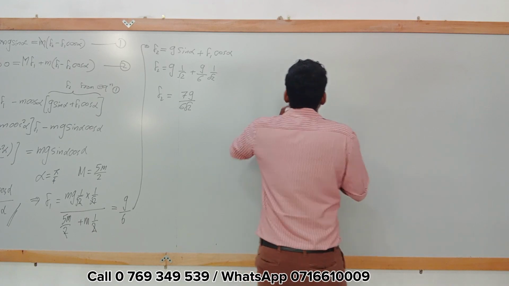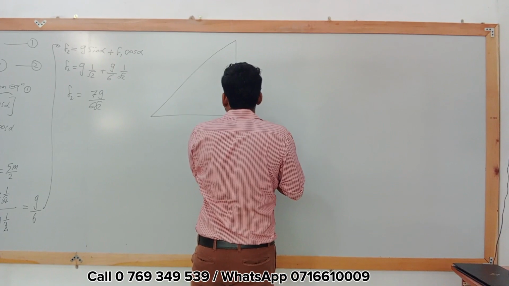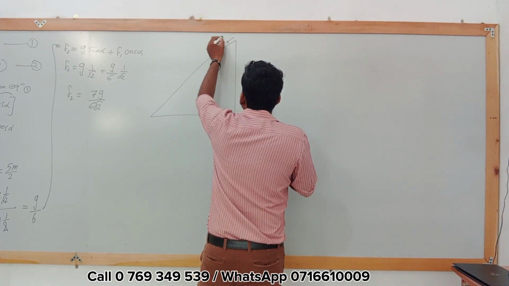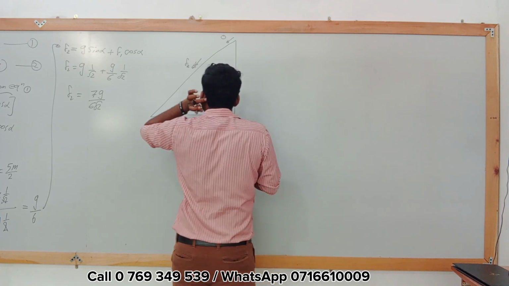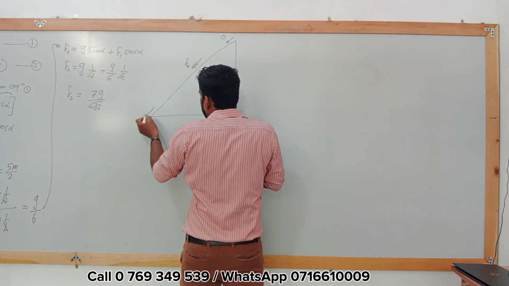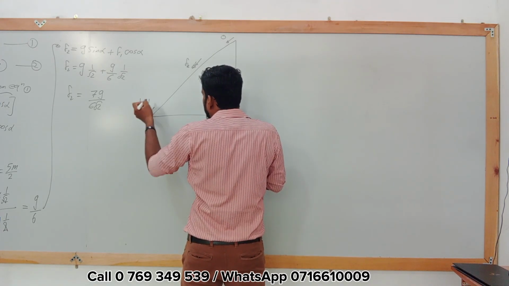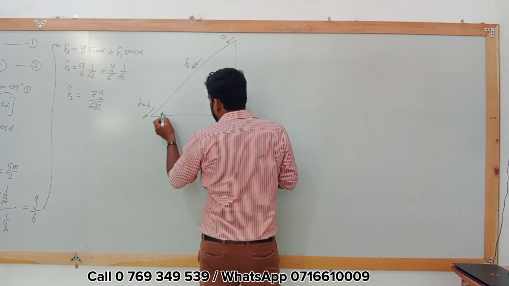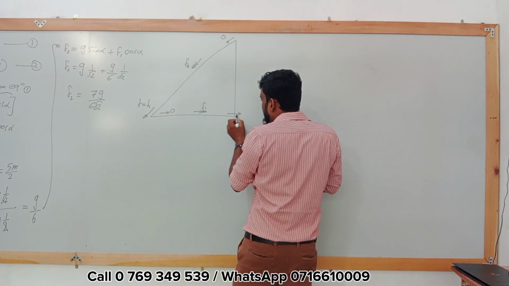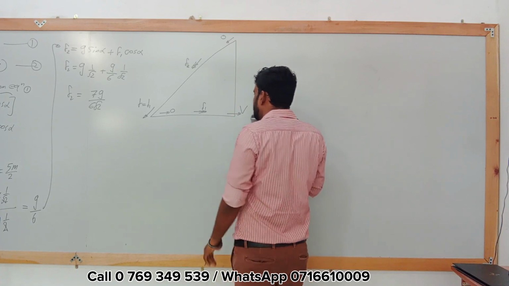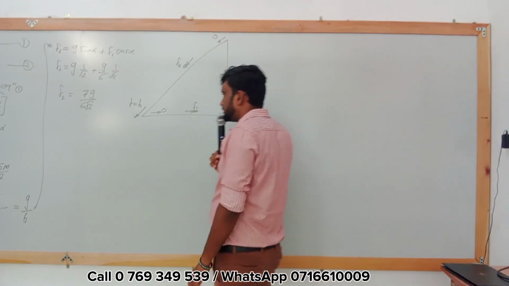Now we can try another diagram. Here starting from 0, what is the acceleration? F2 relative to the horizontal. And here velocity, no need. Only time, t equals t1. Starting from 0, acceleration F1, after that finally velocity v, also at t equals t1.